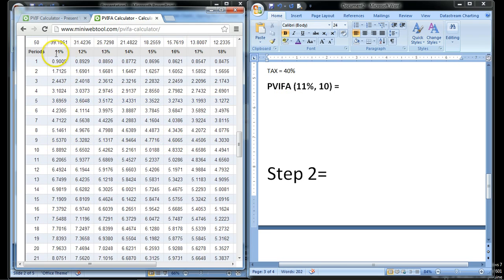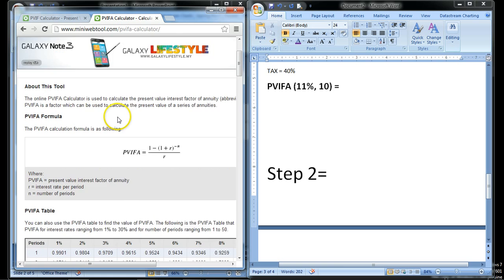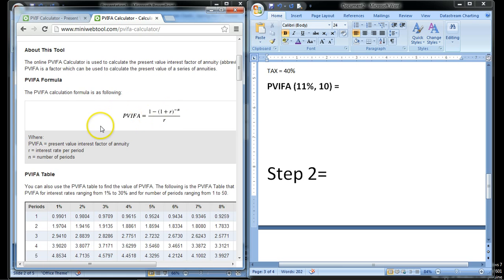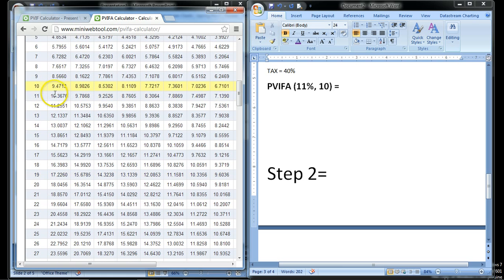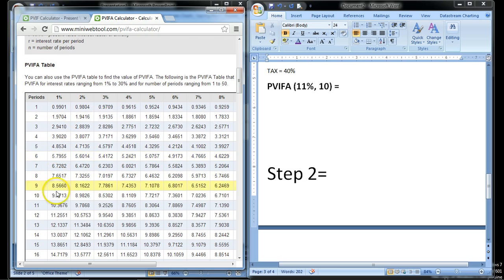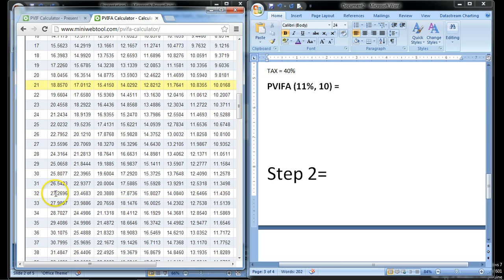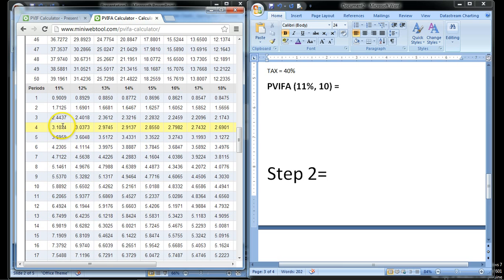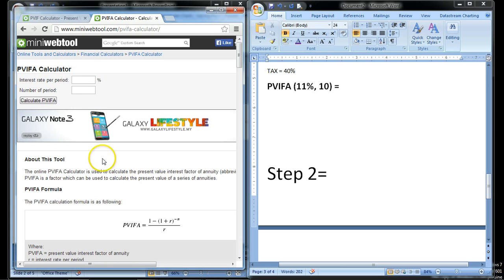You see, 11%. This is PVIFA. Make sure you use the correct formula. So PVIFA 11%, 10 years. Make sure your answer is 5.8892. This is if the table gives it to you, correct? Or if you use the financial calculator, you can calculate.